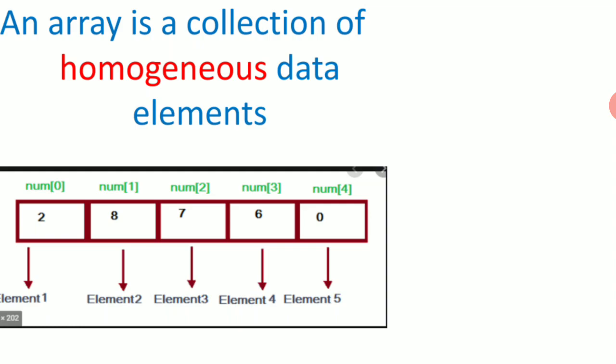Then the next value, after storing the 2, will go to the next position, that is position 1, that is element 2. Why does this difference appear here? The element 2 is stored in 1 because the lower bound started from 0. The element 1 is stored in 0, and the last element, the fifth element, is going to be stored in the fourth location, that is size minus 1.